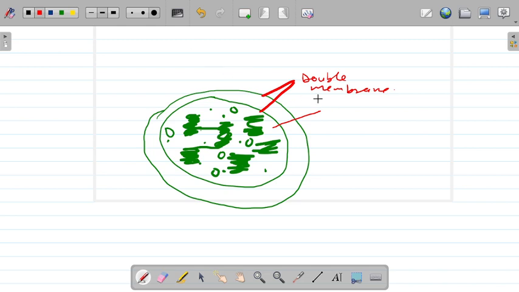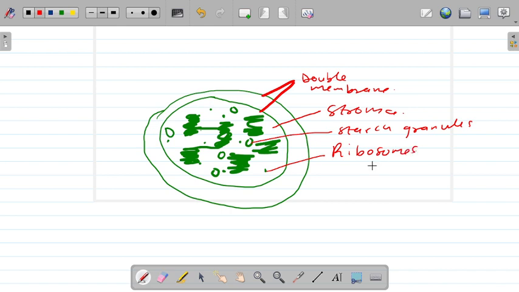Good. Then we have the stroma. That's the space inside the chloroplast. And then we will have those starch granules which store starch, and then ribosomes. Ribosomes are responsible for protein synthesis.